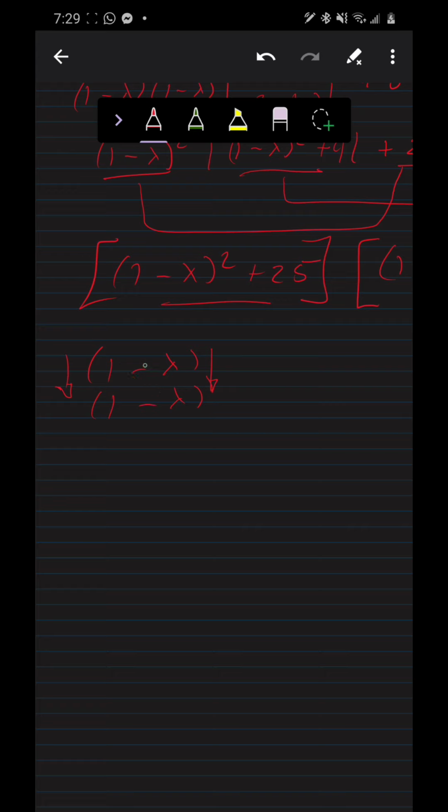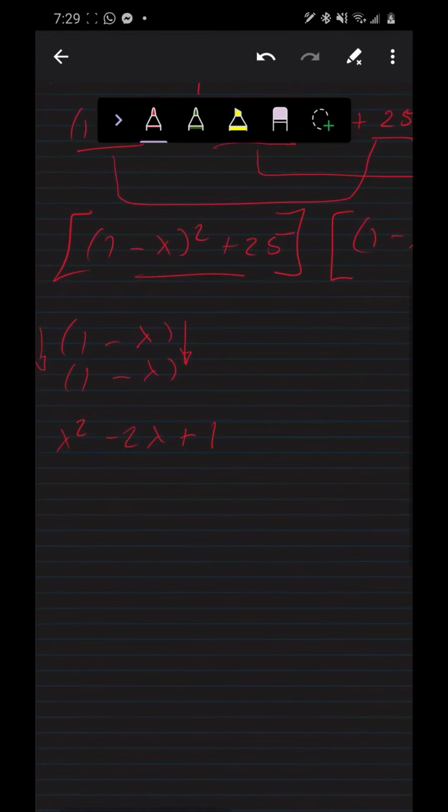So this is negative, so it's going to be positive squared, and this is going to be 1, and then cross multiply will be negative 1 eigenvalue, so it's going to be -1. Let's call it x for now. And then it's going to be -2 of x, and then we're going to add 25.